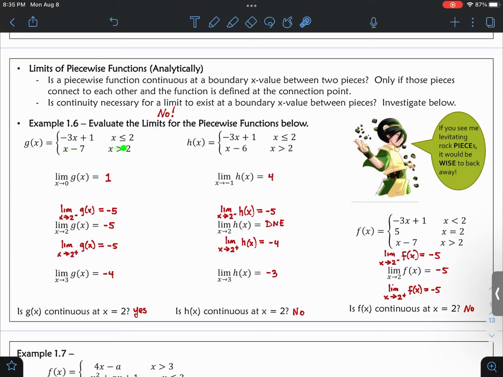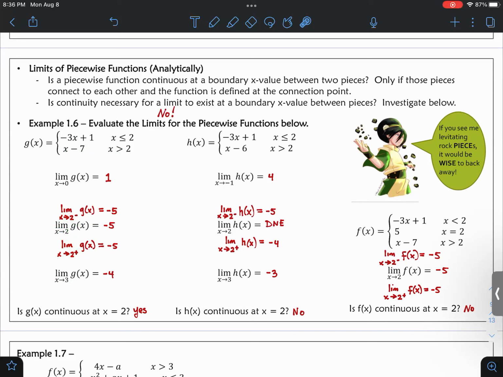The x minus 7 portion has nothing to do with this particular question. I just plug a 0 into the first piece, I get back an answer. Likewise, down here, x approaching 3. Well, 3 is definitely bigger than 2, so I'm only interested in plugging that into the second piece. But limits involving 2, whether it's from the left, right, or just in general, those are the interesting questions.